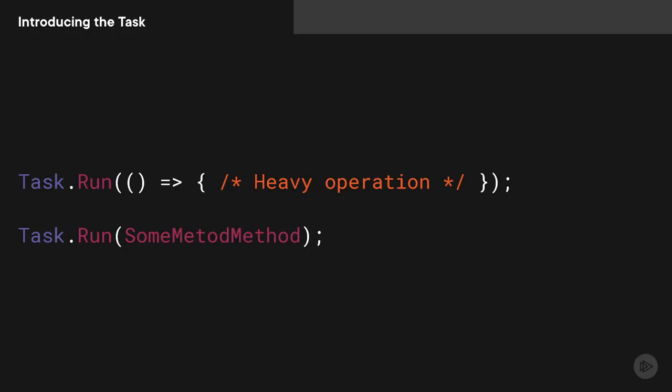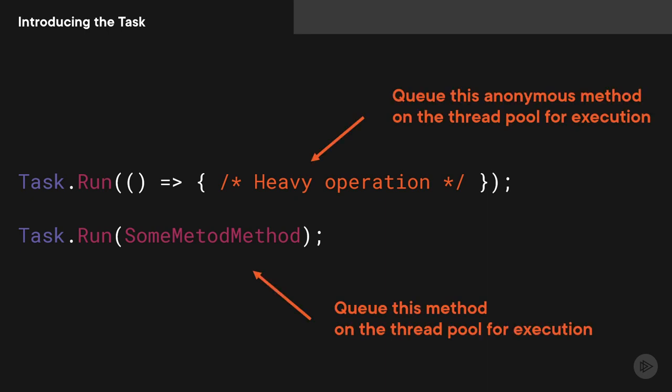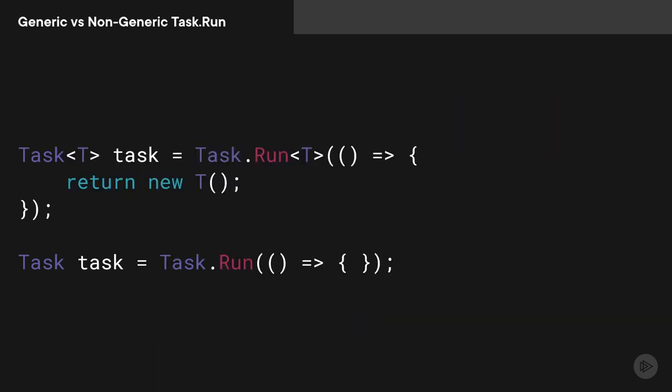The task provides a static method called run. This method is used to queue work on what's called a thread pool. Simply put, the work will be executed on a different thread. You can point it to a method, pass a function, or an action that will run on that different thread. There are two versions of task.run, the generic version that will have a return value after it has completed.